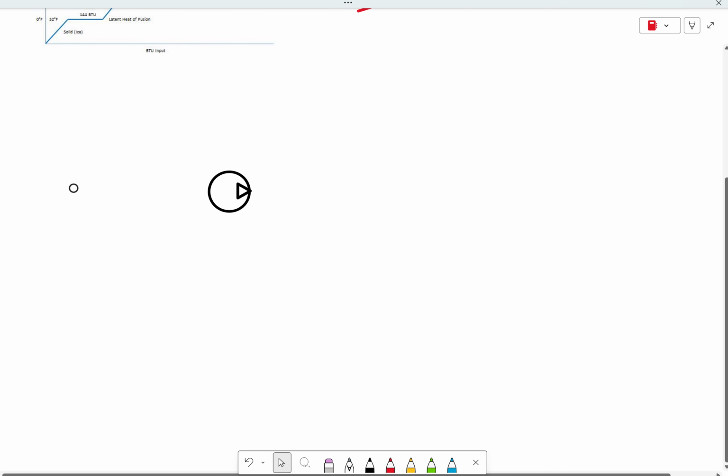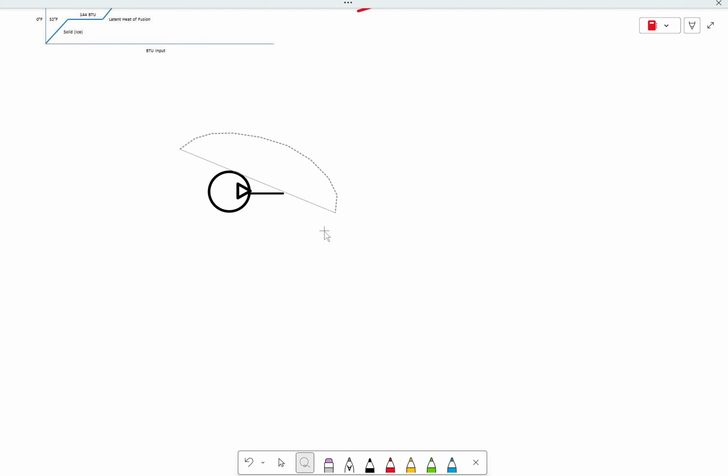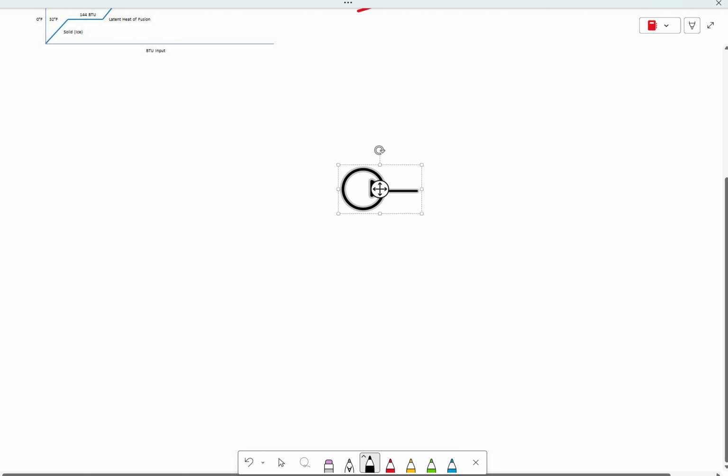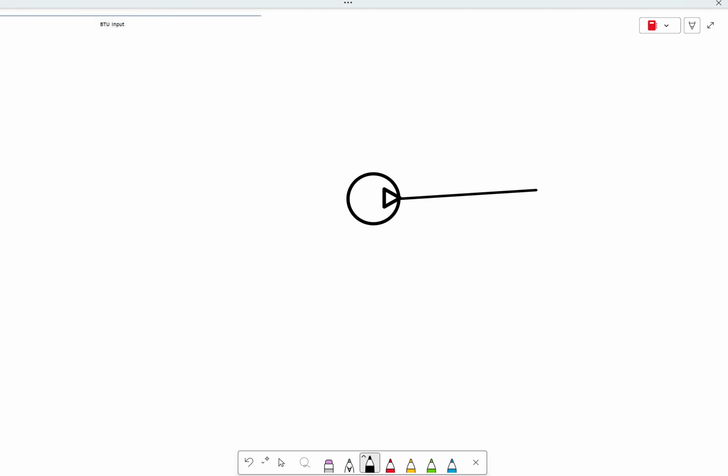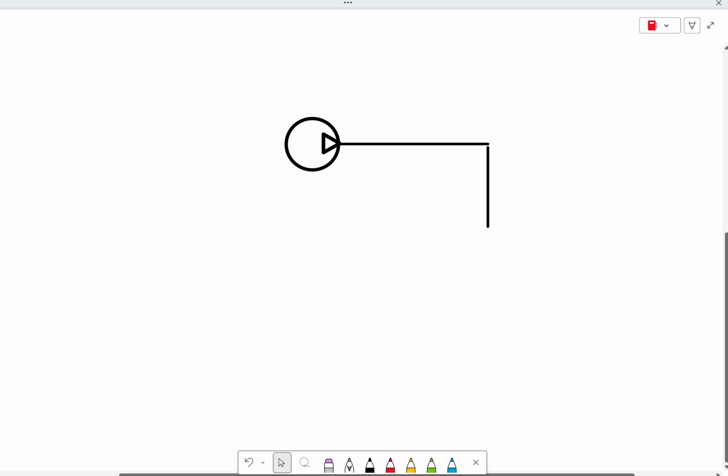I'm going to move this over a little bit so I got some more room. The first part of the system here, and it's going to feed this thing.